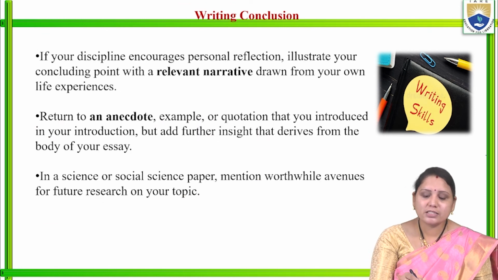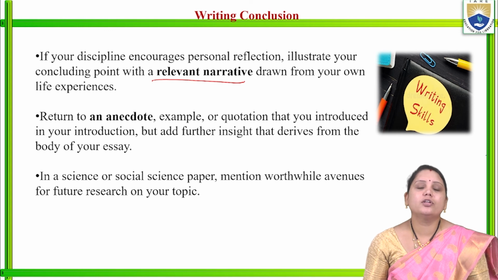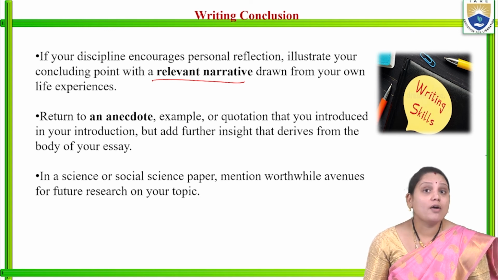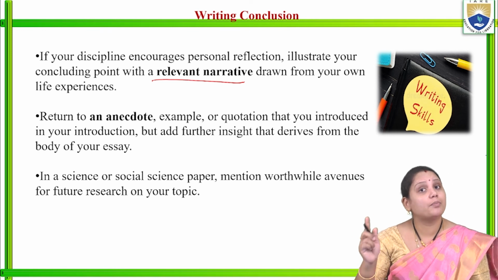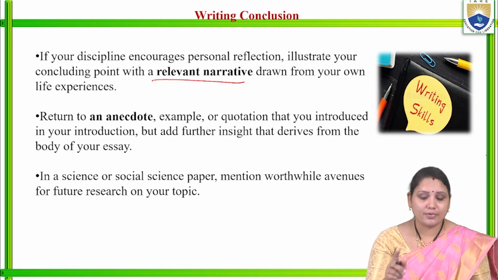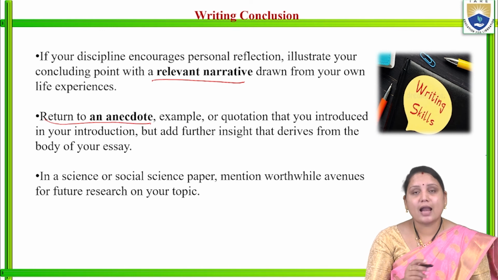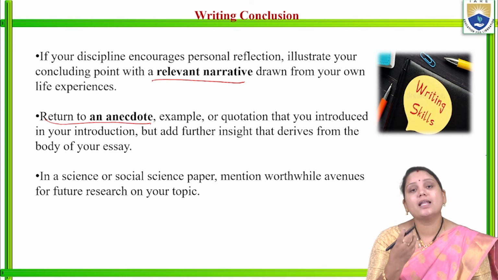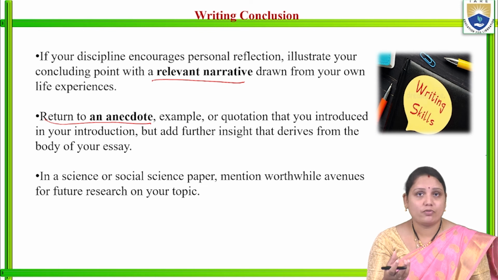Next, it must be a relevant narrative. Your conclusion must be a relevant narrative of your introduction and the body of your write-up. Next, it must be an anecdote. You must make it an anecdote. Refer to that element or the information or the conceptual theme of what you are addressing.